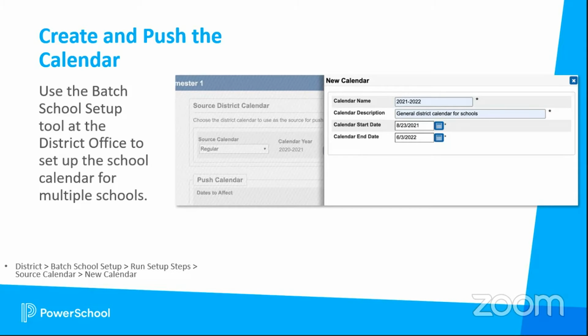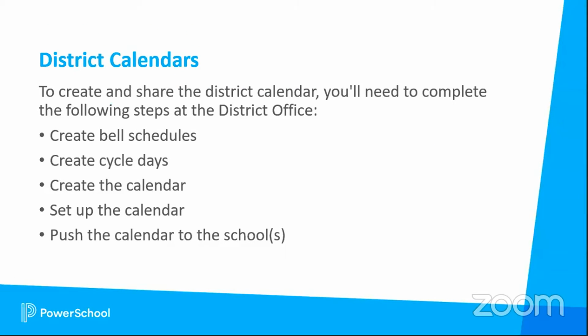So I'm going to go in. At the district, you have to create bell schedules. If you have bell schedules at your schools, in order to push out to the schools, the names need to be consistent. You have to create the bell schedule and cycle days at the district level in order to push them out to the schools.